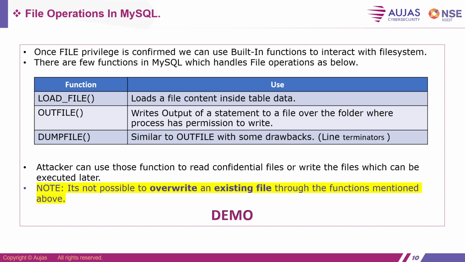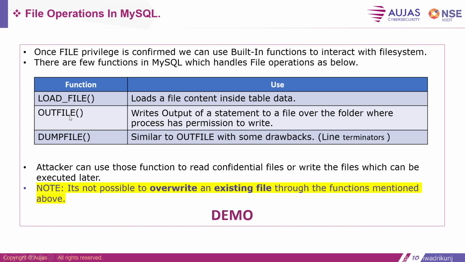For example, if my MySQL service is running with root, not a MySQL user but the root account of the file system, then I can load any of the files. However, if my MySQL is running through a normal user, I will only be able to load a file which is accessible. So file system restrictions will still be in use, and you have to be aware of that.